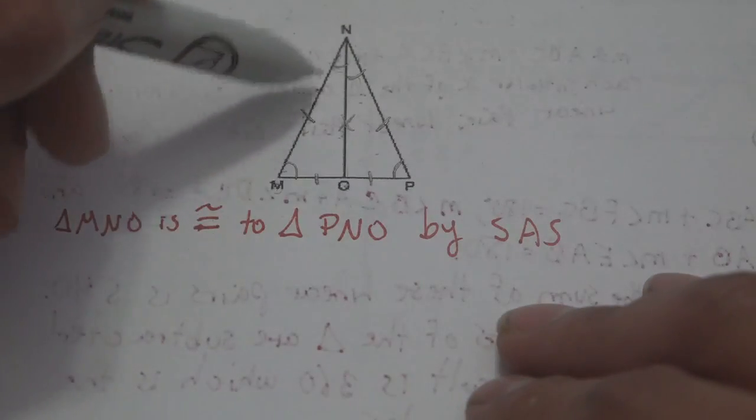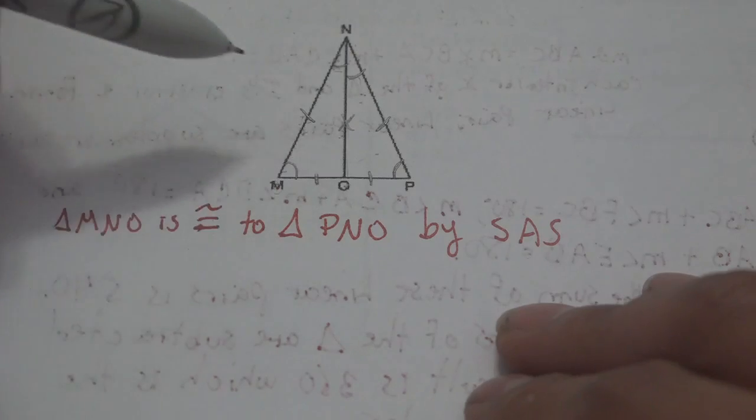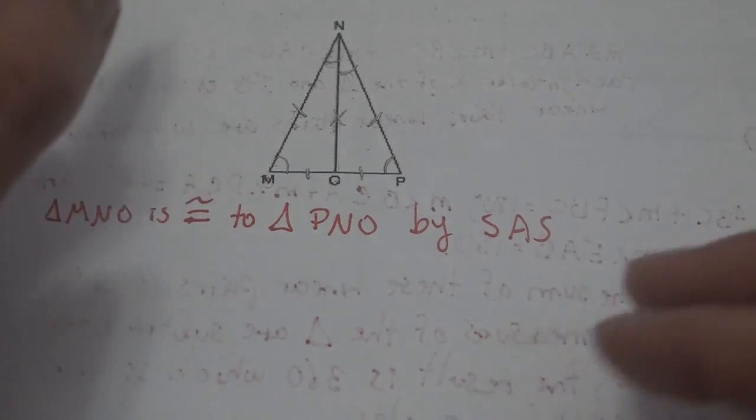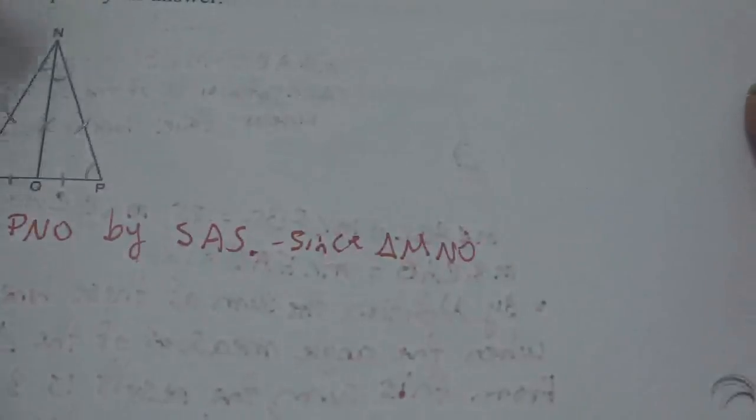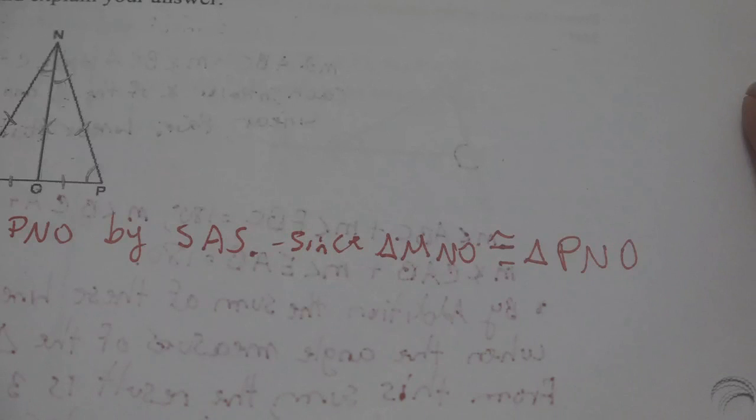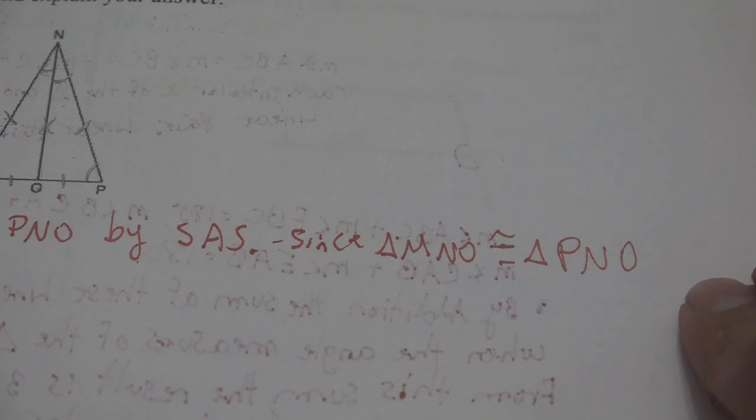Okay, and now I'm gonna write, since triangle MNO is congruent, right, to triangle PNO, okay, you pause it if you need to copy.